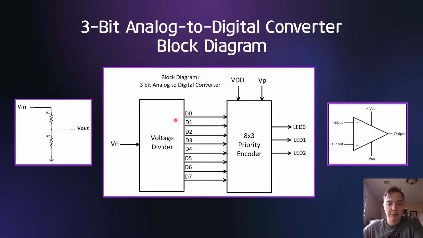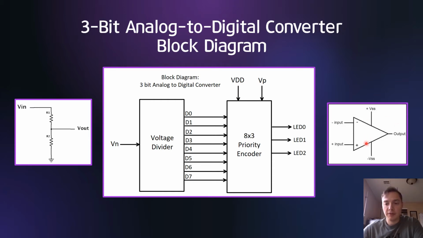And these are going to be the outputs of the voltage divider, and which will be the inputs to the encoder. Inside this encoder, I have these comparators here, these op amps. And these comparators, depending on what voltages are applied, will compare the two voltages, and depending on how they're applied, will either allow a voltage to pass through or not.